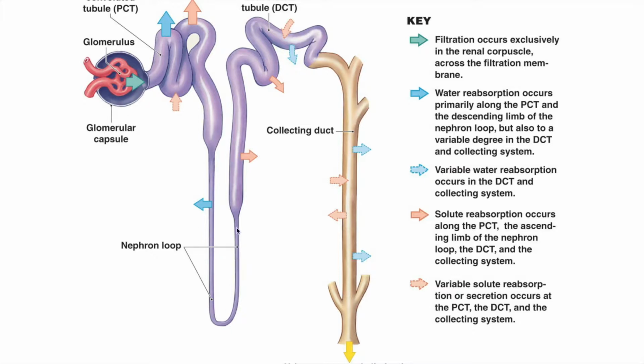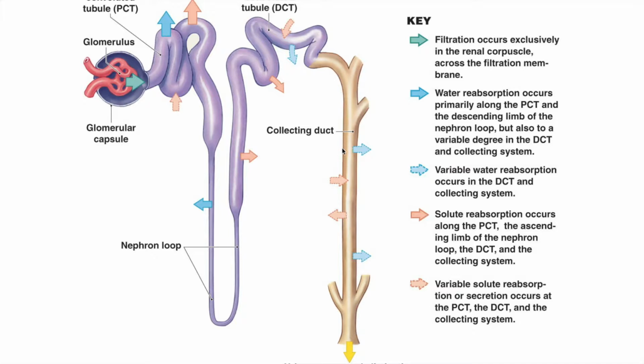Then in the nephron loop, in the descending limb, we reabsorb water, and in the ascending limb, we reabsorb sodium and chloride. And then in the distal convoluted tubule, we absorb sodium and chloride and sometimes calcium and water. Also there we have secretion of hydrogen ions, ammonium, creatinine, drugs, and toxins.